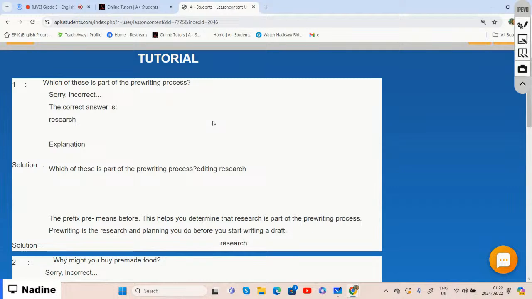What is pre-writing? All right. So here we have a word like pre-writing process. What is the pre-writing process?